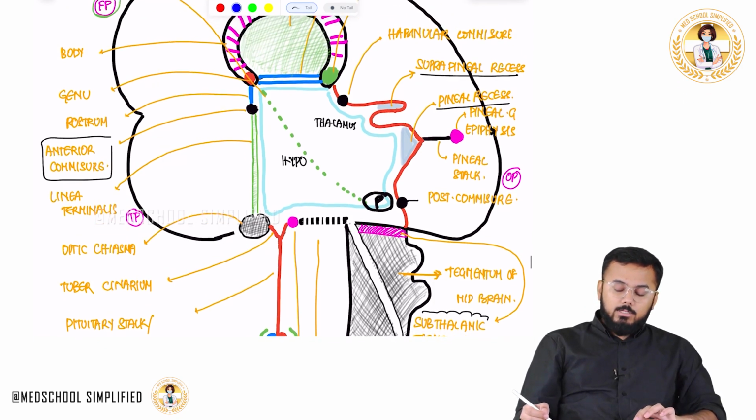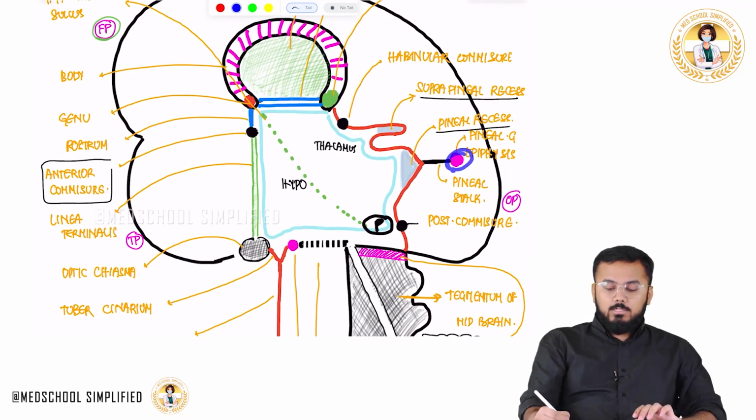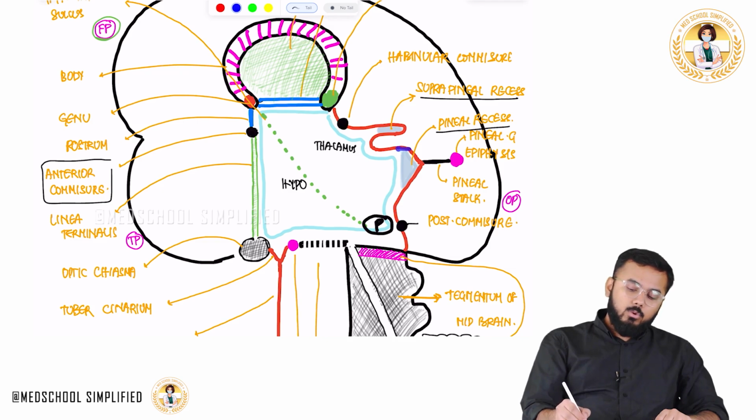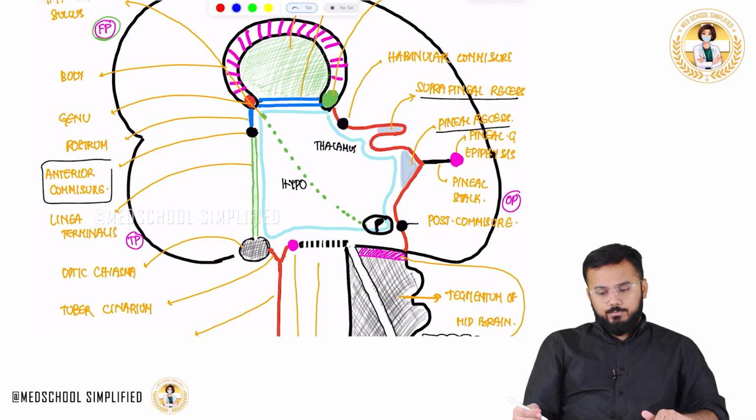Next, here you have the pineal gland or epiphysis, and this is the pineal stalk. The pineal stalk has two parts: the superior lamina and the inferior lamina. The superior lamina goes anteriorly forward, posteriorly backward, and again anteriorly forward like this, and it has a commissure called the habenular commissure.